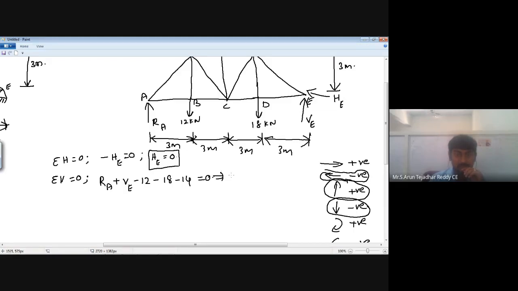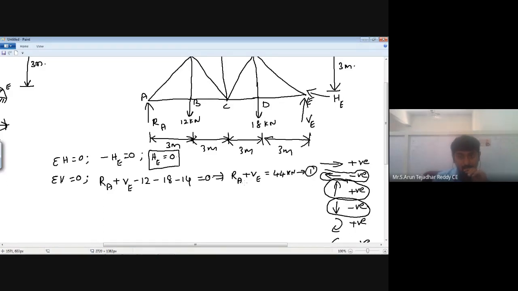From this equation, RA plus VE is equal to 44 kilonewton. You can write it as equation number 1. RA and VE are the unknowns here.